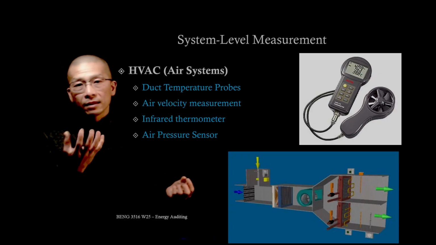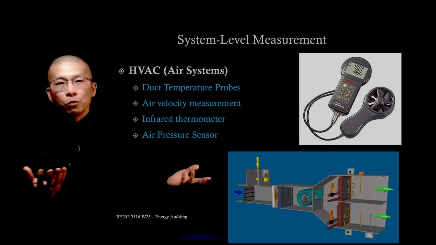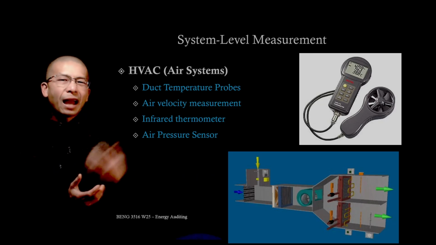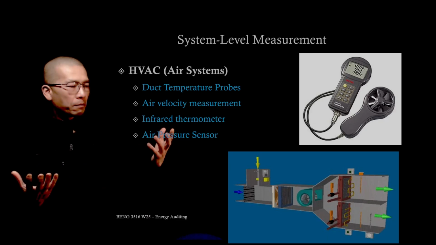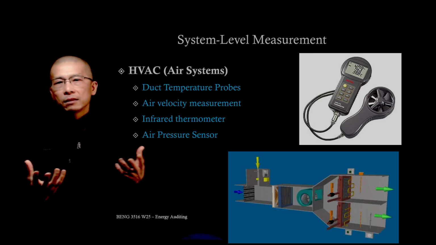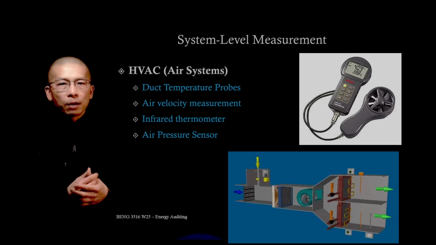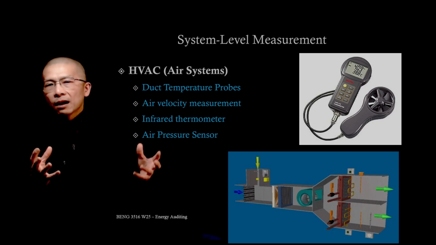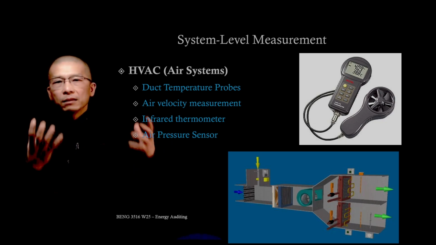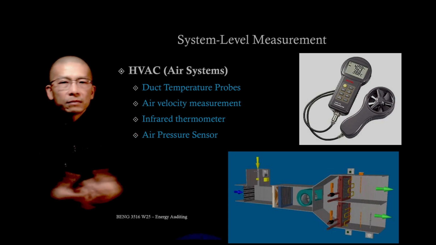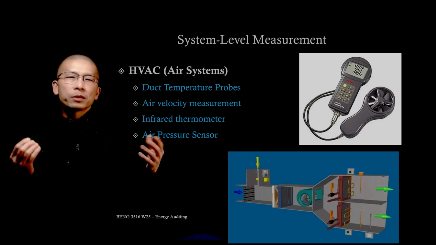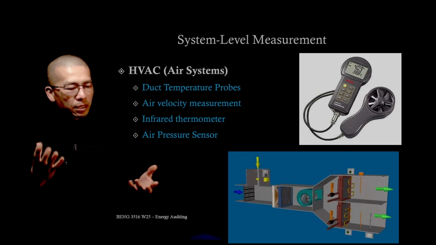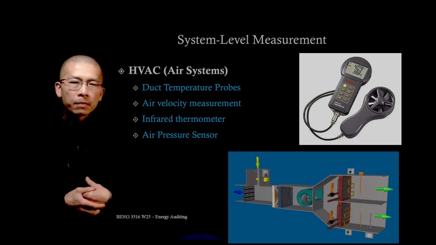And so we can assess heating and cooling performance, identify temperature losses, and check for uneven air distribution. Thermocouples are commonly used because they are compact and inexpensive. RTDs are better in terms of accuracy if you need high precision measurement.